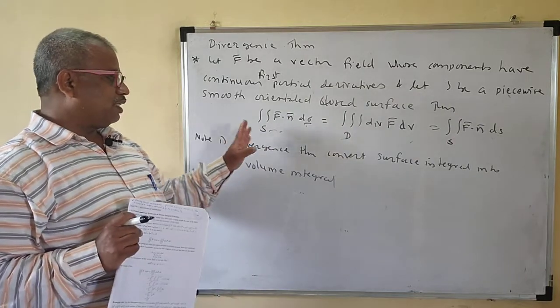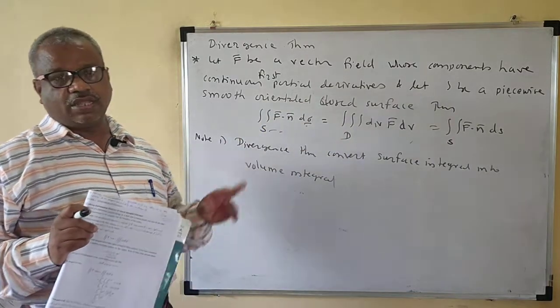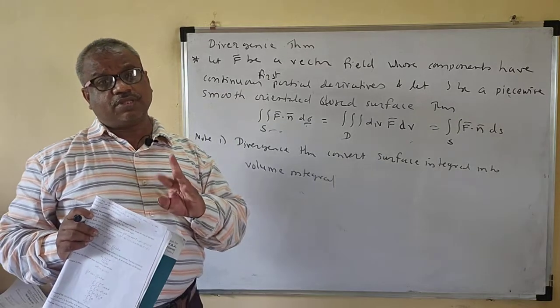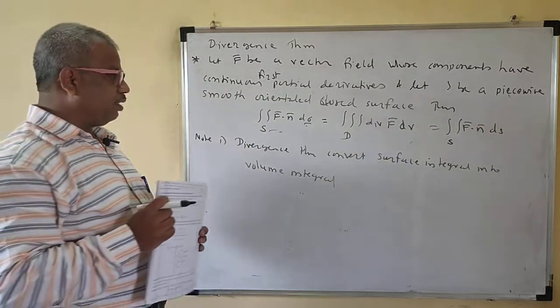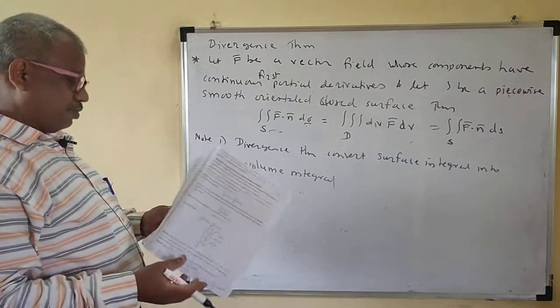So for the divergence theorem, it is double integral to triple integral. Green's theorem and Stokes theorem convert the line integral into a double integral or a double integral into the line integral. So remember that.